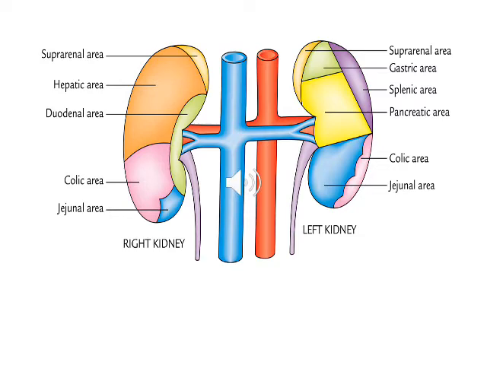The yellow colored area is called the pancreatic area, which occupies the pancreas. The purple colored area is the splenic area. The green colored area is the gastric area, which is related to the stomach, and the upper part is related to the suprarenal area.